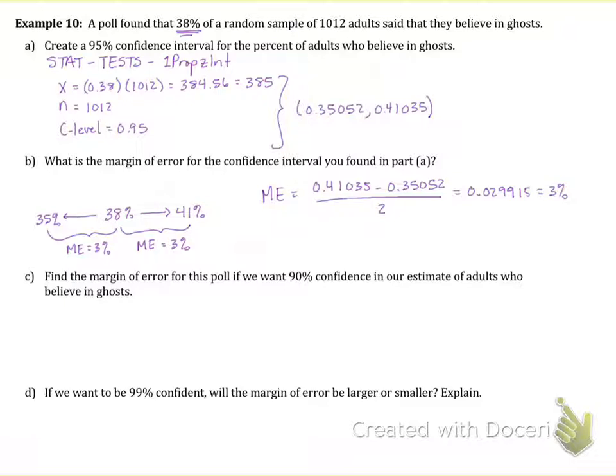For part C, it says find the margin of error for this poll if we want to be 90% confident in our estimate of the adults who believe in ghosts. So now I want to go through the same process. So stat, tests, and we're going to do a 1 prop z interval. But now for the C level, you're going to use 0.9.